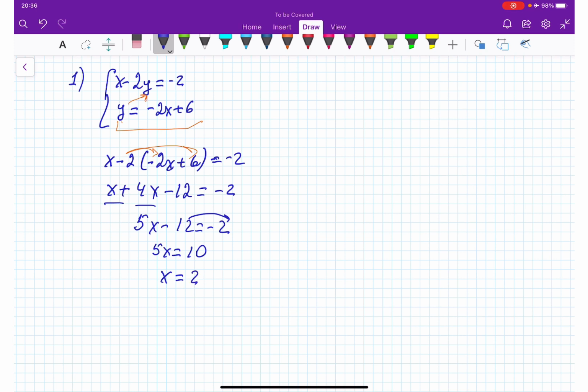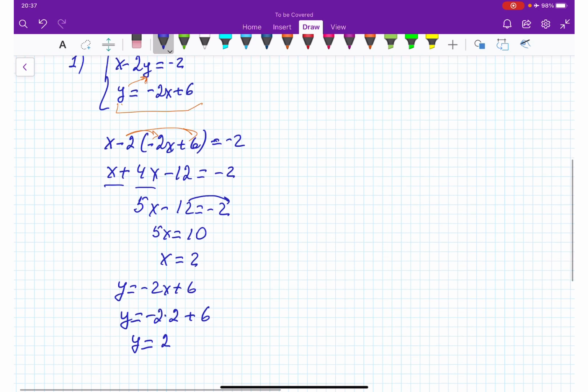Okay, once we have x is equal to 2, I can plug back into y is equal to negative 2x plus 6, or you can plug into the first one, it doesn't matter. And I'm plugging x is equal to 2, where y is equal to negative 2 times 2 plus 6. So y is equal to negative 4 plus 6, which is 2.